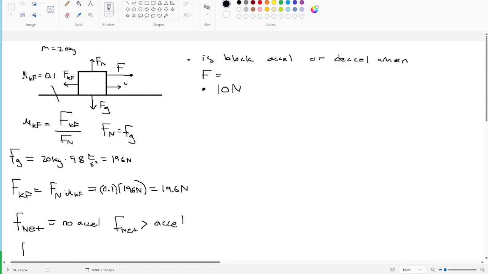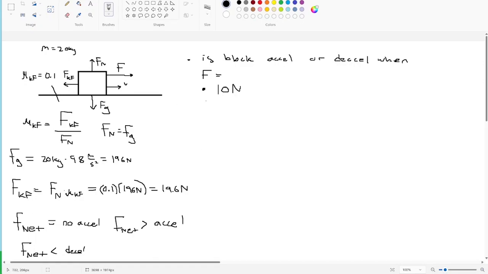And in other cases, if the applied force is less than the force of kinetic friction, then there is deceleration. And this makes sense because if the force of kinetic friction is greater than the amount of force you're applying, the force of kinetic friction will win over time. And if the force you're applying is greater than the force of kinetic friction, the block will accelerate over time. If the force of kinetic friction and your applied force are the same, the block will not accelerate.